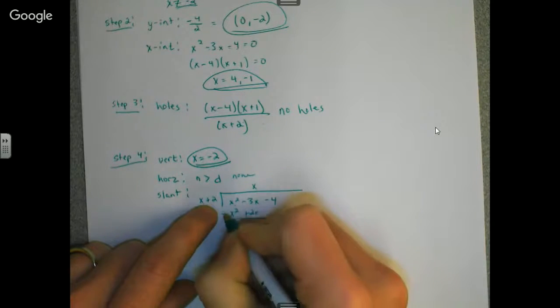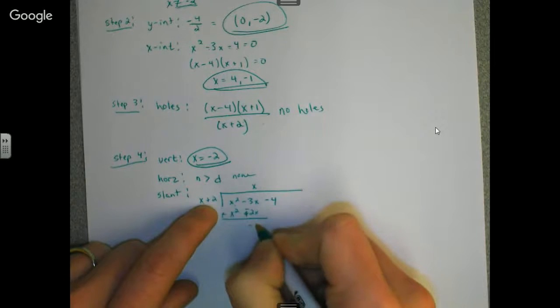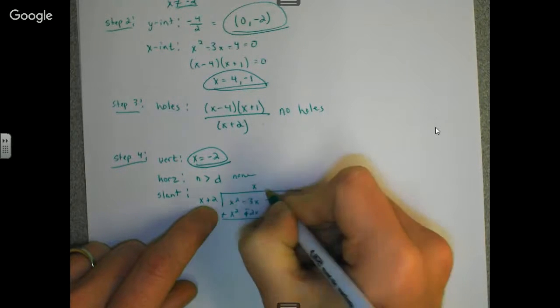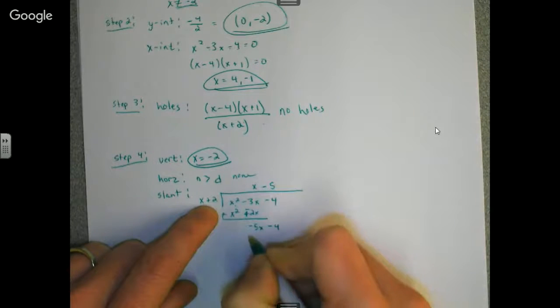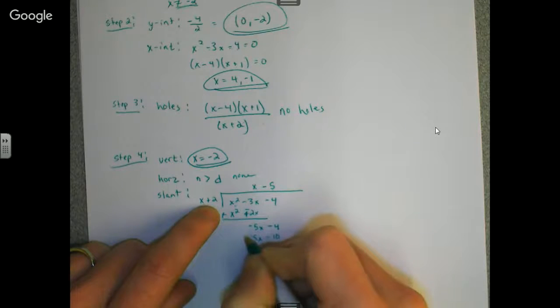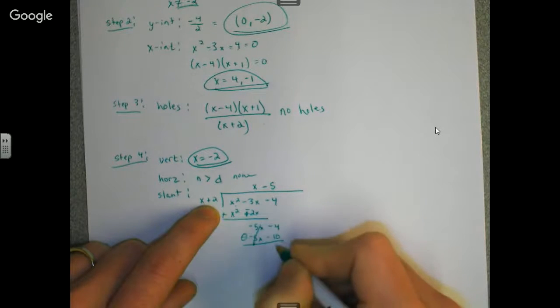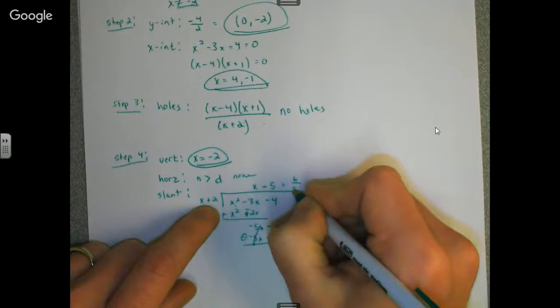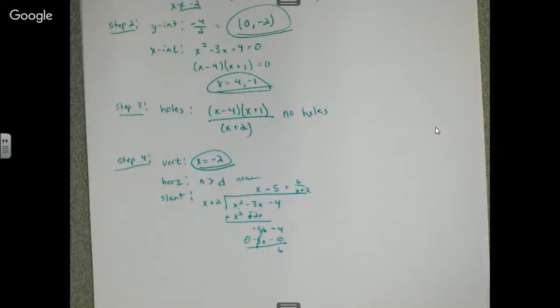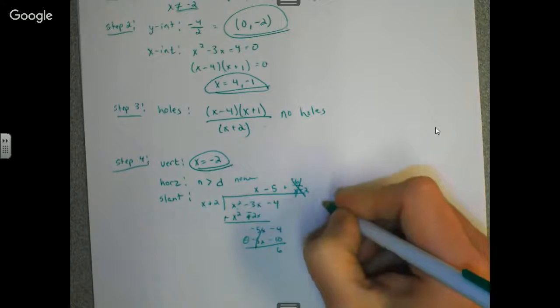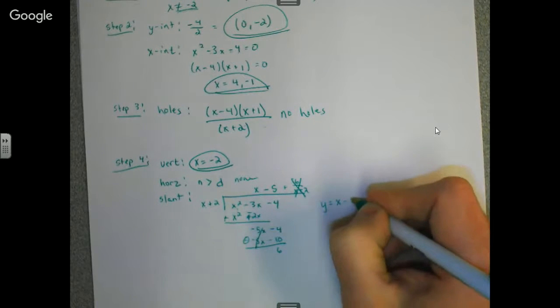Subtract. That's minus 5x minus 4. So minus 5. So minus 5x minus 10. Subtract. Cancel. You get 6. So you get plus 6 over x plus 2. Now, I don't care about the remainder. So my slant asymptote is y equals x minus 5.